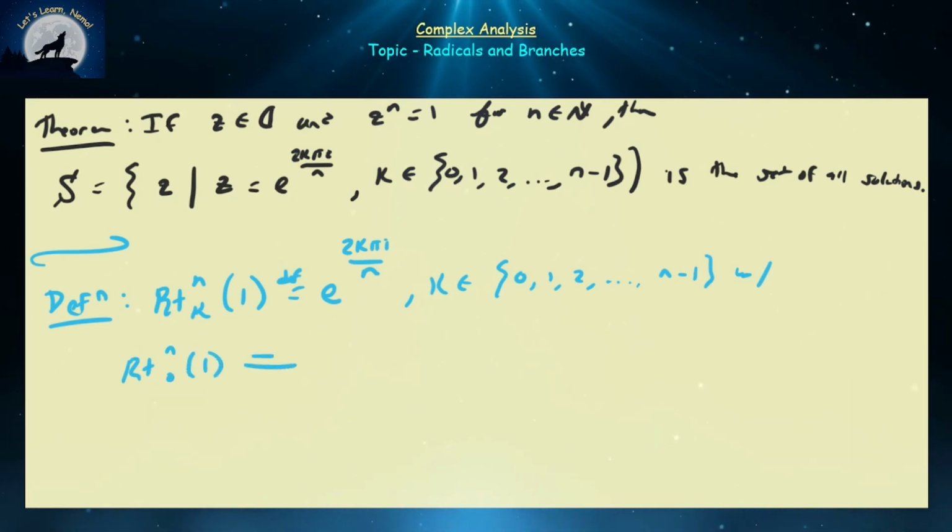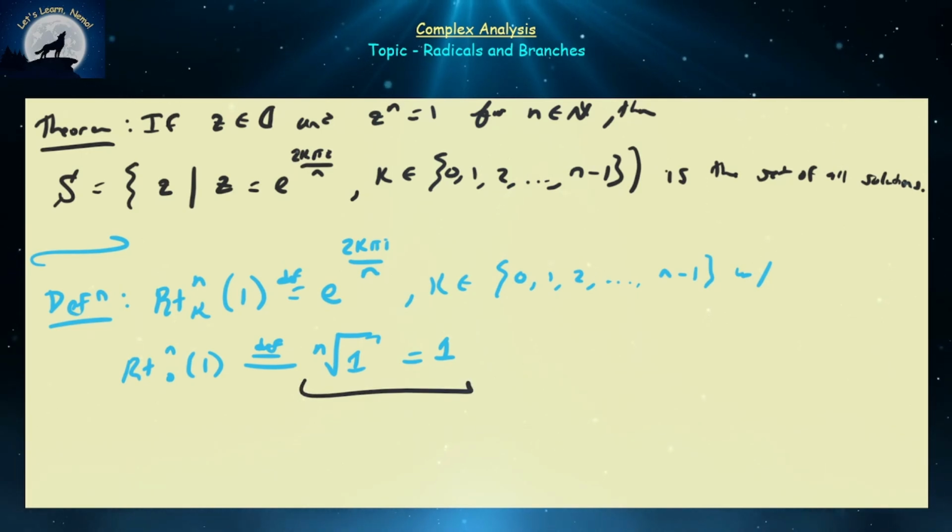with rt n 0 of 1 being defined to be, in terms of notation, this particular object, which you're already familiar with from basic real variables, and we already know that that's going to be equal to 1, also in the realm of real variables. So this object, in addition to its notation, is referred to as the principal nth root of 1.